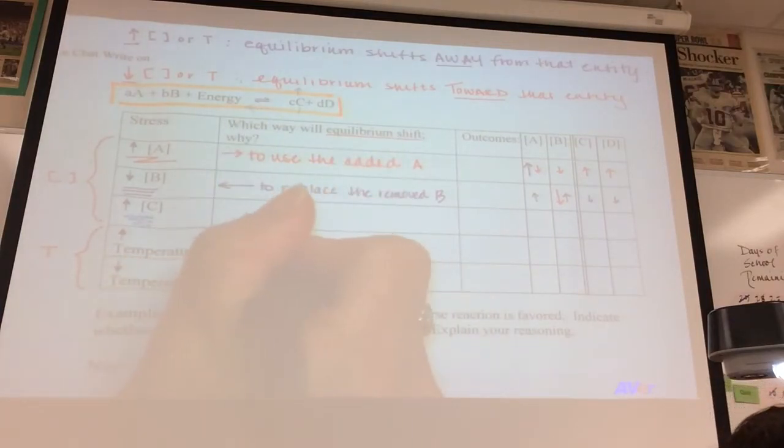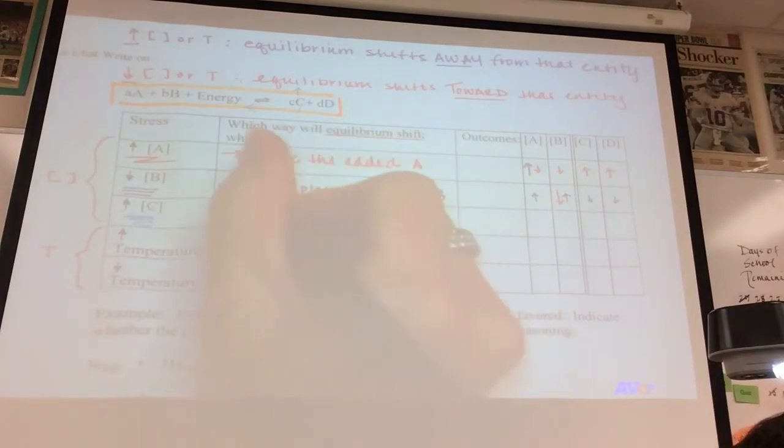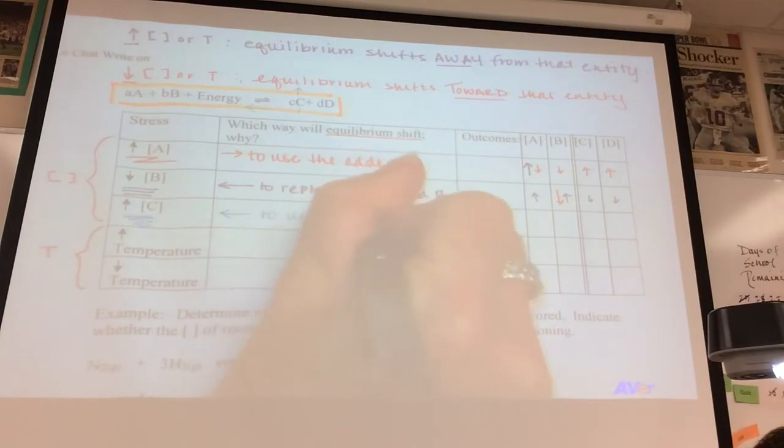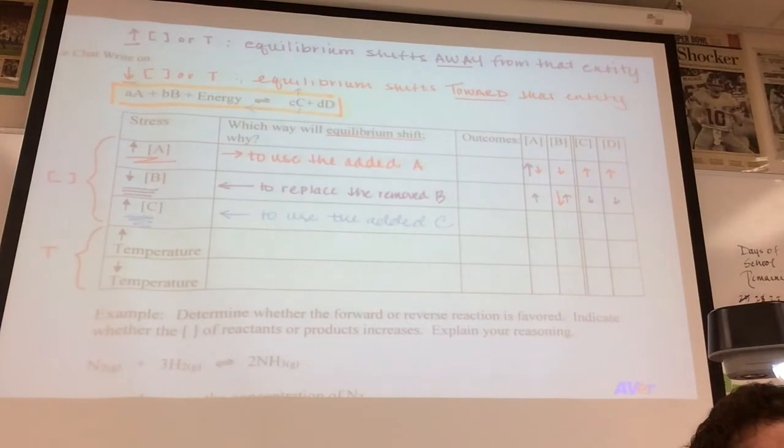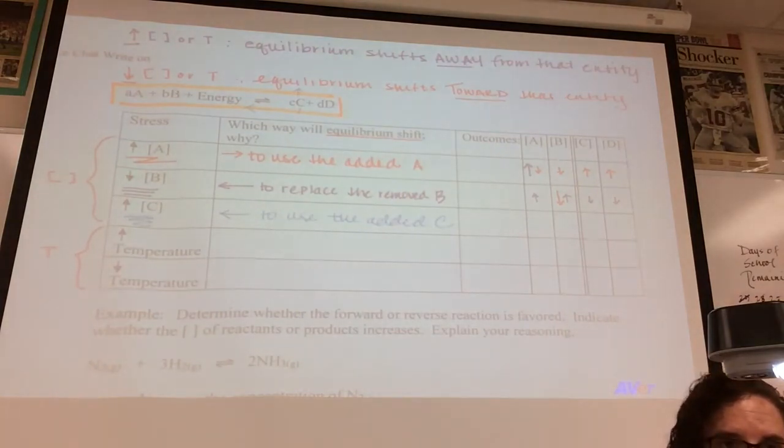So in this case, equilibrium shifts in the reverse manner, and that is to use the added C. So again, anytime you add something, you will shift away from it so that you are using it. Anytime you remove something, you'll shift toward it in an effort to replace it.